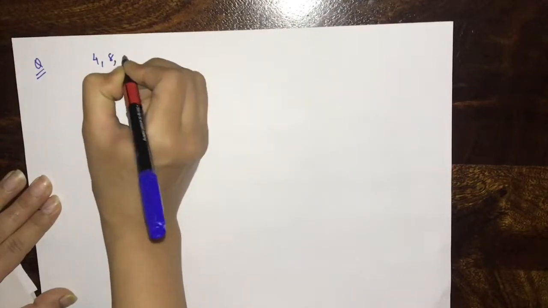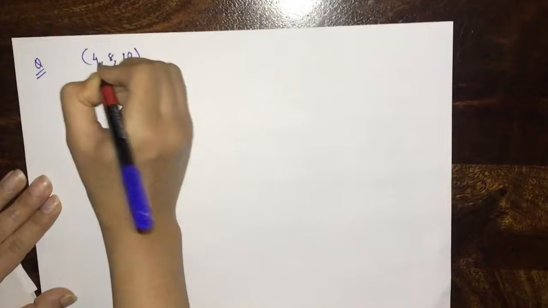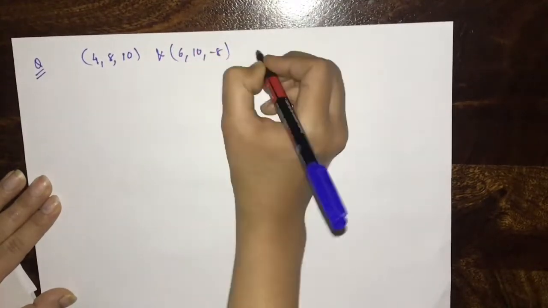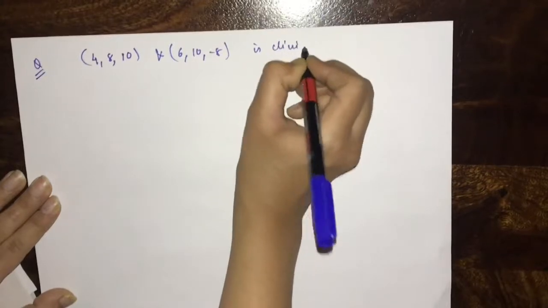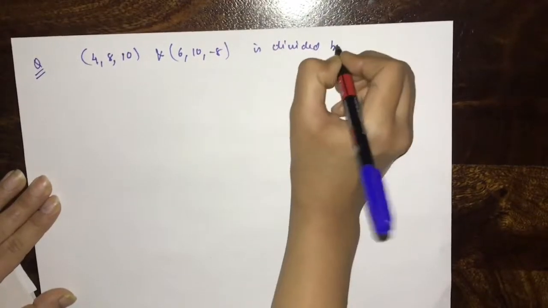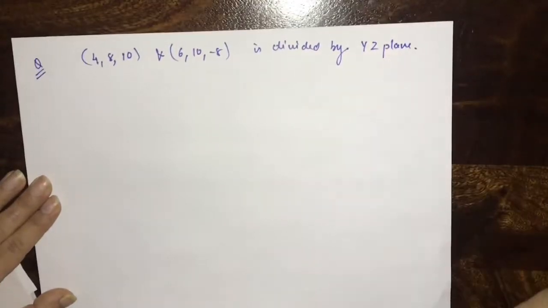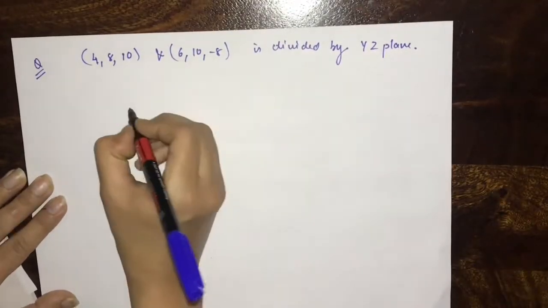Find the ratio in which points 4 comma 8 comma 10 and 6 comma 10 comma minus 8 is divided by the YZ plane. You need to find the ratio in which the YZ plane divides these points.